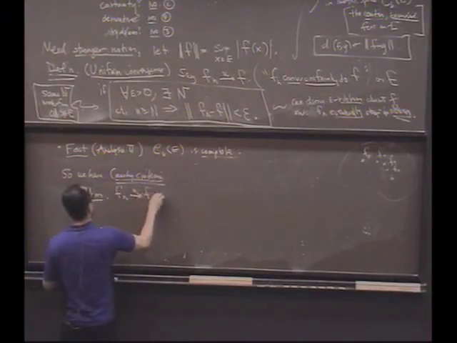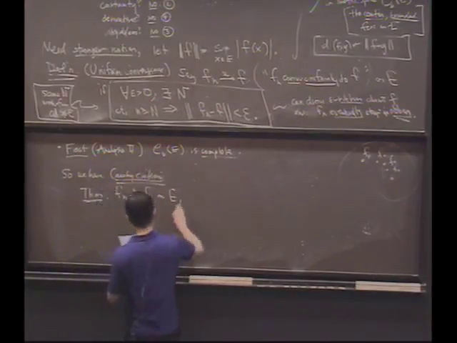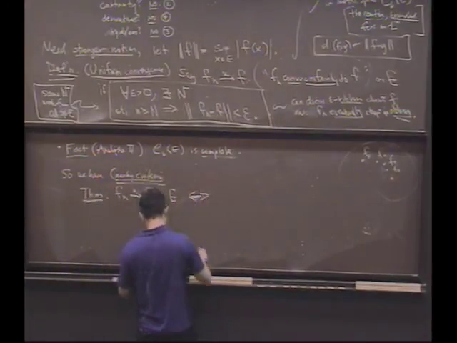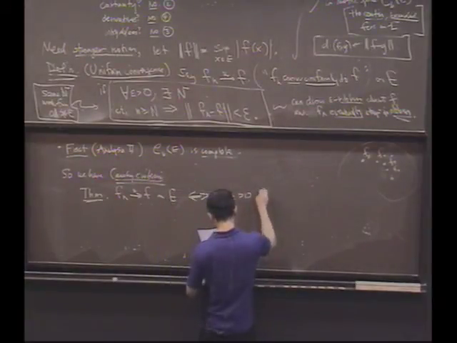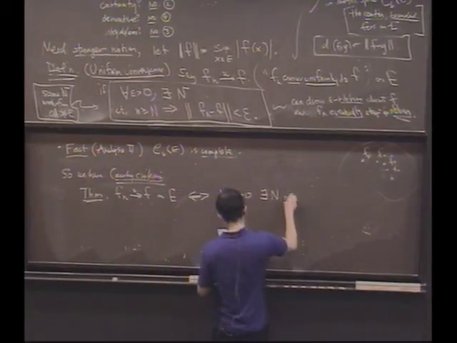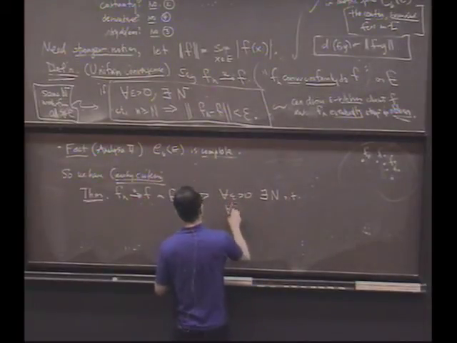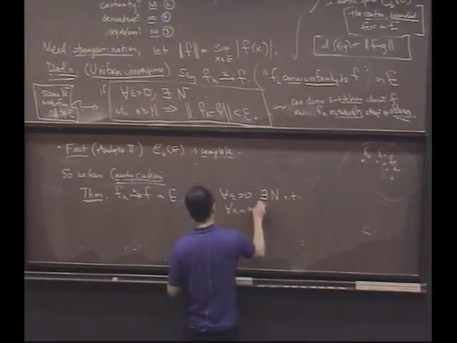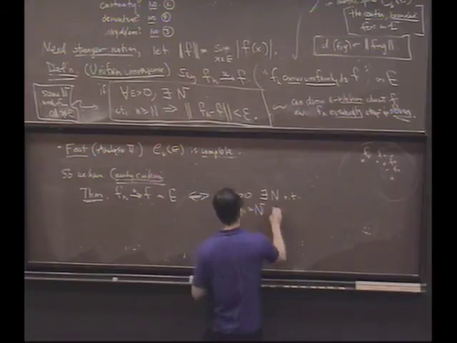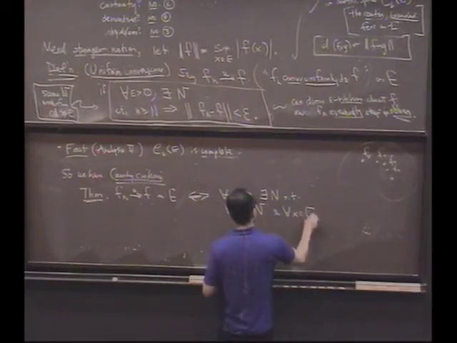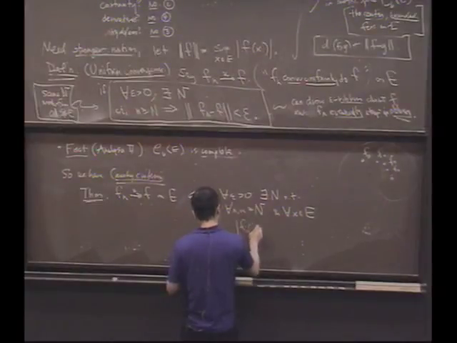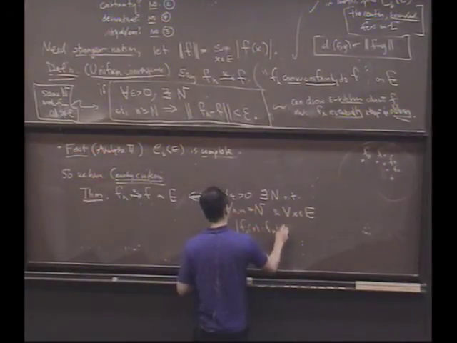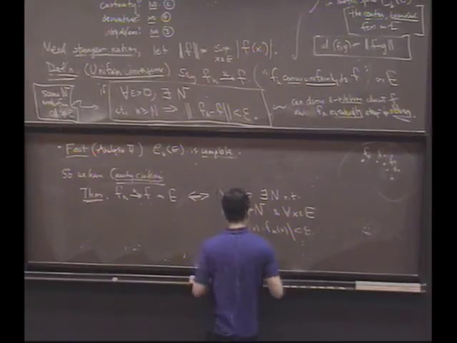Fn converges uniformly to f on E if and only if, no surprises here, for every epsilon bigger than 0, there exists an N such that for all n and m bigger than big N, and for all x in E, the distance between fn of x and fm of x is less than epsilon.